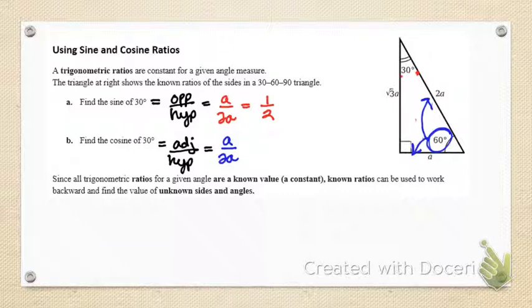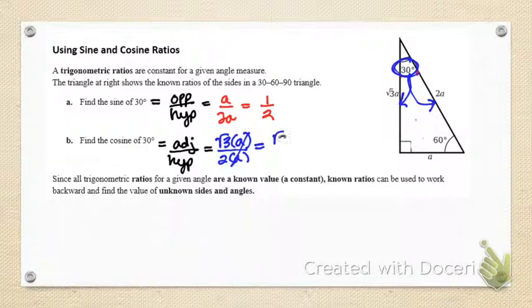Oh, I'm coming from the wrong angle. Let's try that one more time. Cosine of 60 degrees, adjacent over hypotenuse. I'm going to get root 3 times a over 2a, and I'm going to simplify that and get the square root of 3 divided by 2.